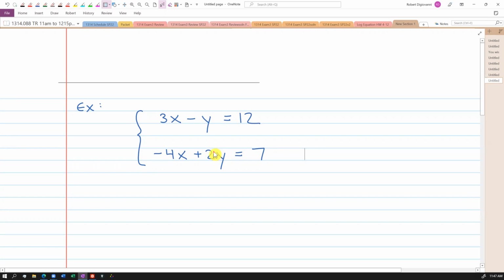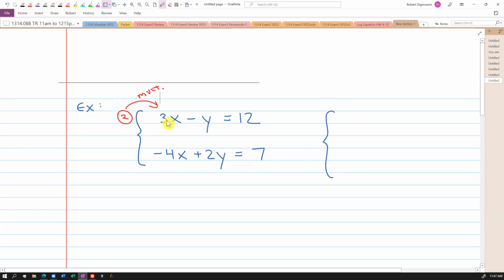What I do is I think to myself, okay, well, wait a minute. You see these y's? They would have gone away if this would have been what in front of this y? A -2, right? If that would have been a -2 right there, they would have gone away, right? So I'm going to make a -2 appear here. And the way I'm going to do it is I'm going to multiply the entire equation by 2. So in other words, I'm going to rewrite this entire system of equations again, but I'm going to take this first equation, put a 2 out in front of this, and multiply a 2 through.